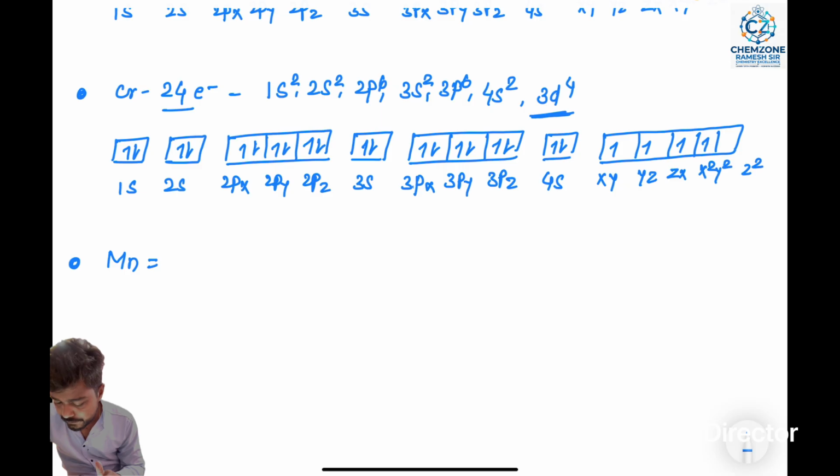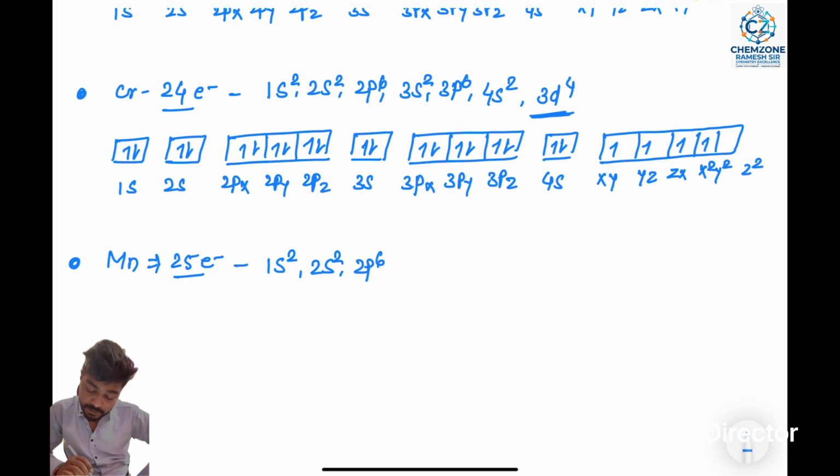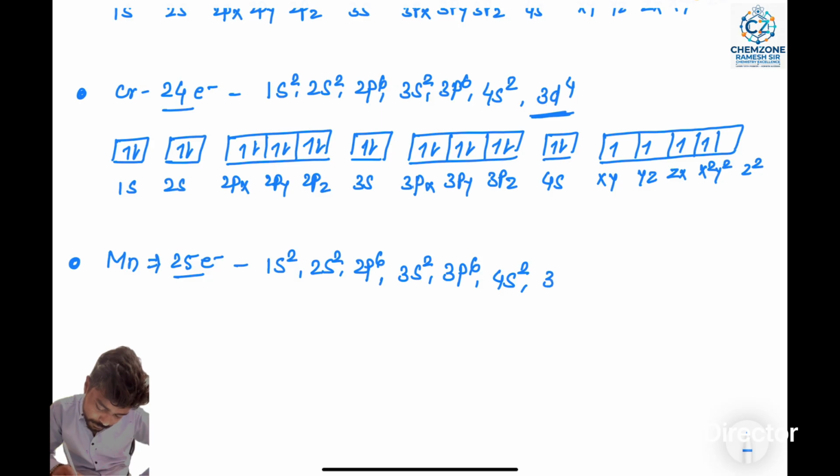Atomic number 25. Okay, electrons: 1s2, 2s2, 2p6, 3s2, 3p6, 4s2 and next one 3d5. Okay, the last orbitals are unpaired, so not fully filled, that is unpaired. Unpaired electrons, 5 electrons आ गए उसमें.